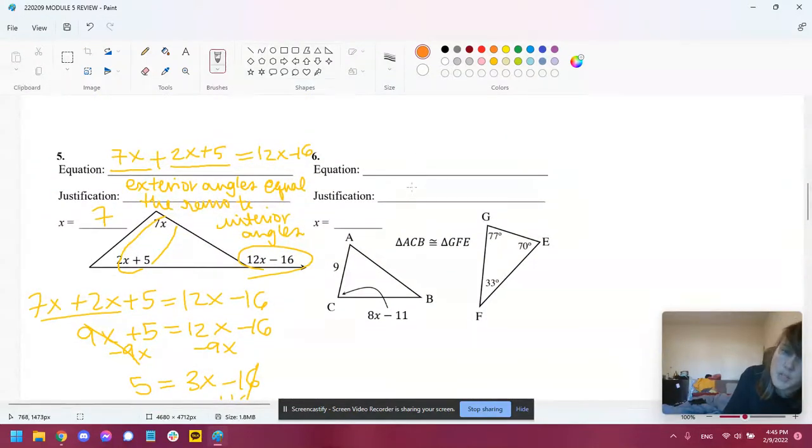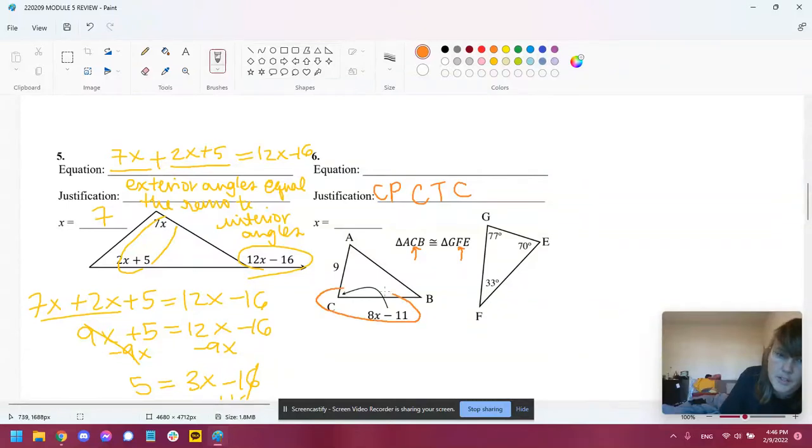For these ones, the justification is if I've got two congruent triangles, CT stands for congruent triangles, and I look at corresponding parts of them, so the C and the F here match up, they're corresponding to each other, then I can set those equal to each other.